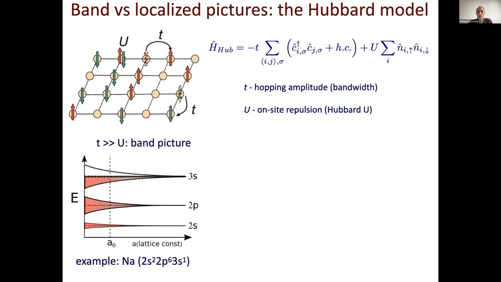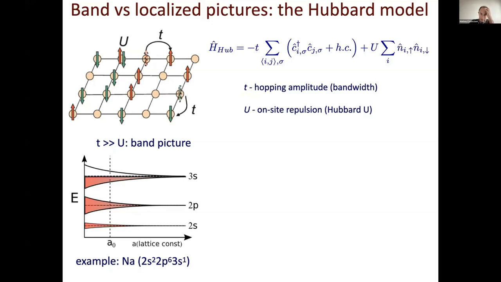In band structure language, which is the one that we naturally use in approximate DFT, that would imply a metallic ground state, okay, because we half fill a band, and there's no way to escape having a half filled band of, in this case, 3d states.